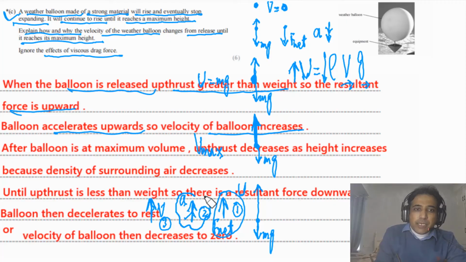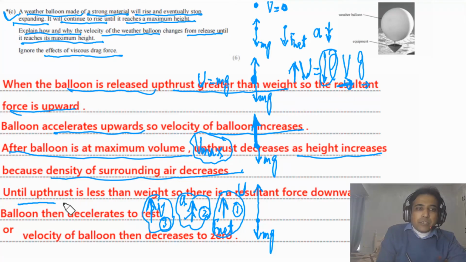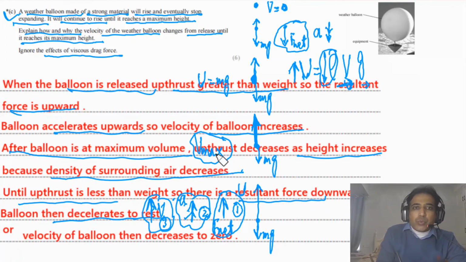After the balloon is at maximum volume, meaning it has reached Vmax, upthrust decreases as height increases, because the density of the surrounding air decreases. Volume is constant now until upthrust is less than weight. So here upthrust is less than weight, so there is a resultant force downwards. The balloon then decelerates to rest, finally its velocity becomes 0.